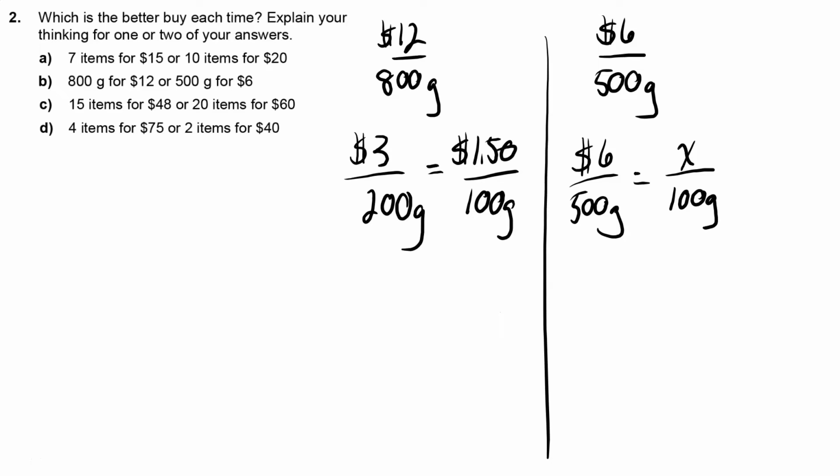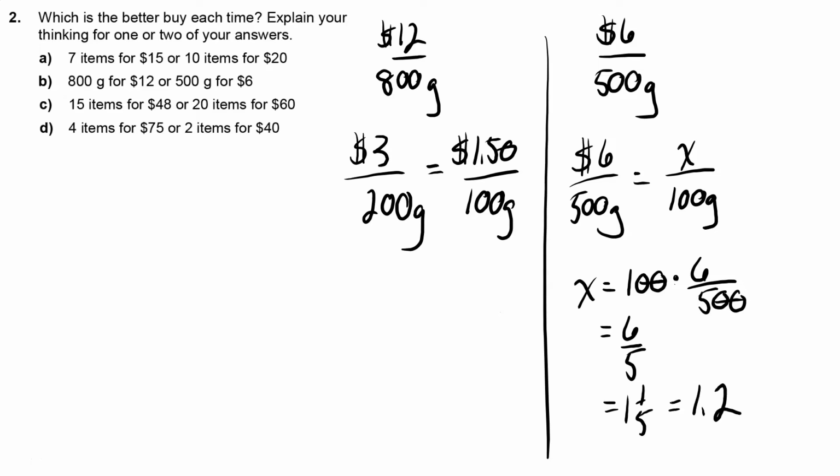Solving for x, we know that x is then going to be multiplying both sides by 100 times the 6 over 500. The zeros cancel out, so we get 6 divided by 5, which is 1 1/5, or 1.2, which if we convert to currency is $1.20.